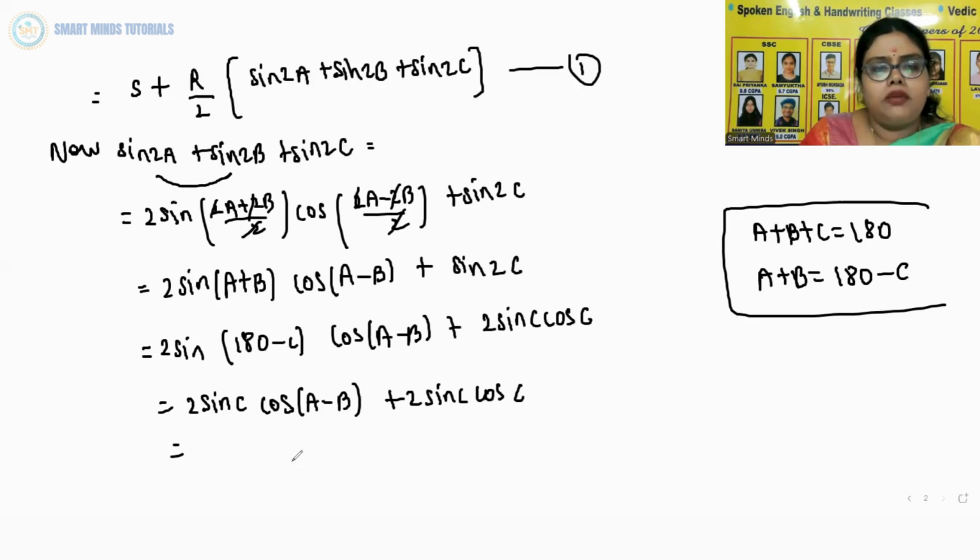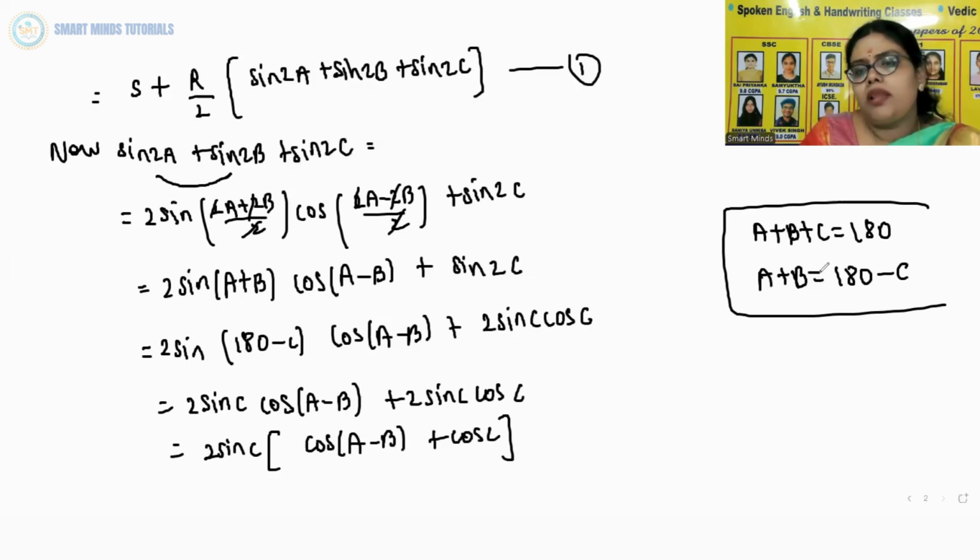Now if I take 2 sin C common, we will get cos (A minus B) plus cos C. Now again the same way, like how we can write A plus B as 180 minus C, the same way C can be written as 180 minus (A plus B).